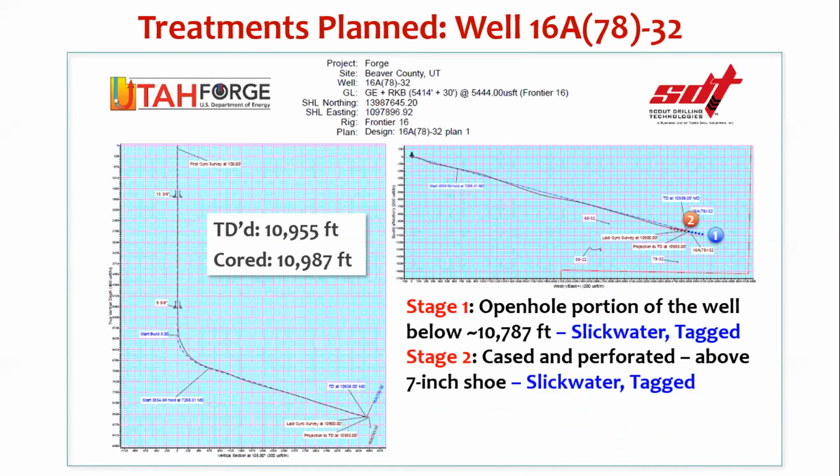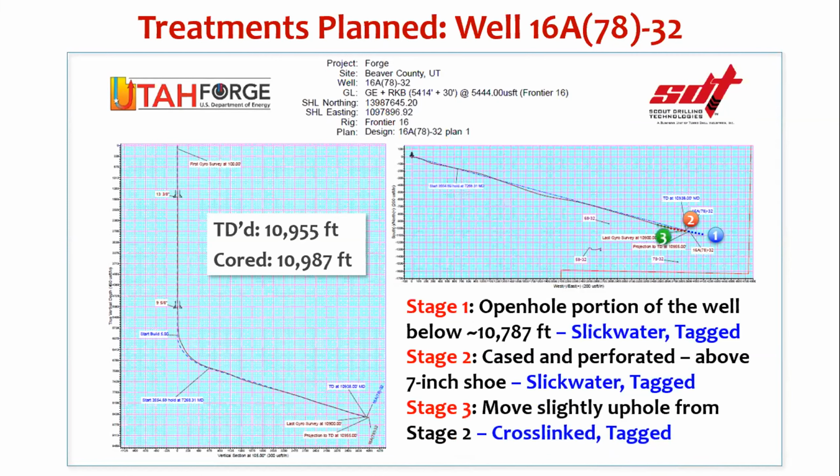The second stage moved up into the casing, and the first stage was isolated with a bridge plug. This was one of the successes of this treatment, the effectiveness of the Interwell bridge plugs. A bridge plug was set, it was perforated, and slick water was pumped at rates up to 35 barrels a minute.